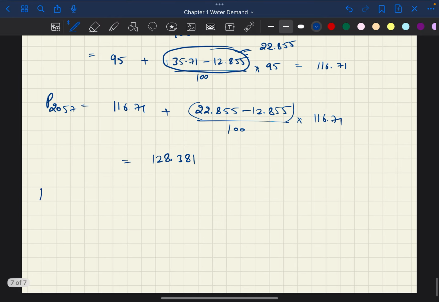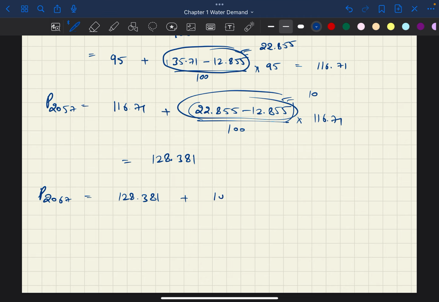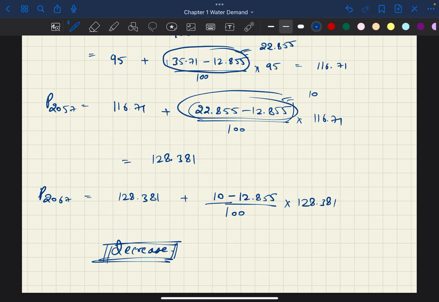Similarly, if you have to calculate population in 2067, last known population is this, plus we have to calculate this. This is 10, so 10 minus 12.855. So now this value will come in negative, into 128.381. So now this population will decrease, because this is going to be negative.